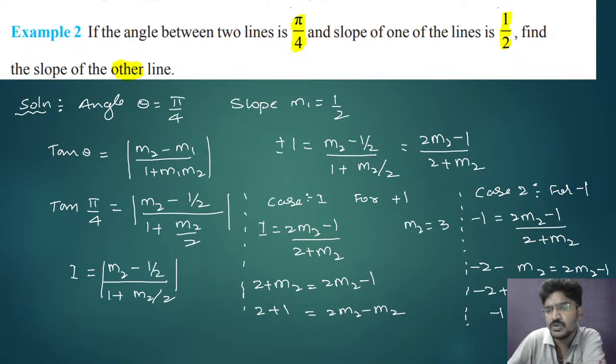This is 3m2. Therefore, m2 equals minus 1 by 3.